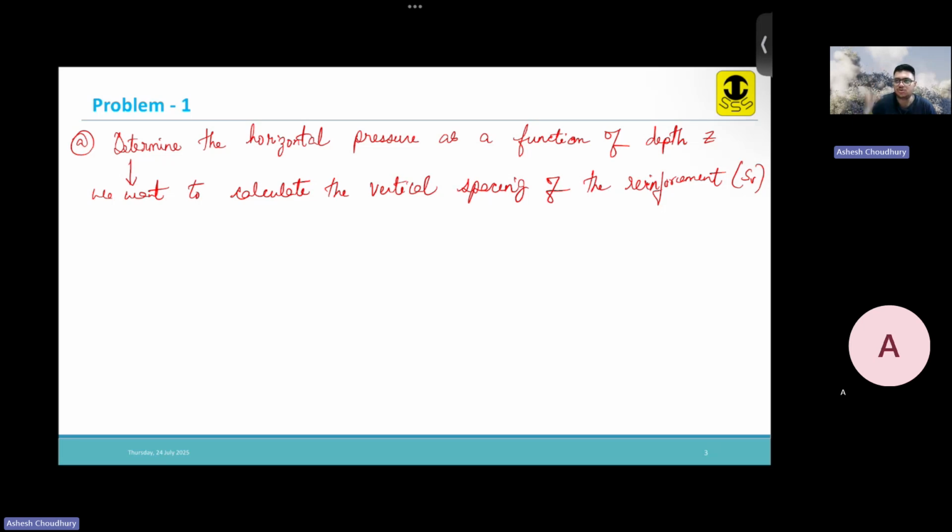So we want to determine the vertical spacing. First you have to calculate the horizontal pressure as a function of depth. From there we can also get the force, the load, that will come on the reinforcement at each level. So what is my Ka? Ka is the active earth pressure coefficient.